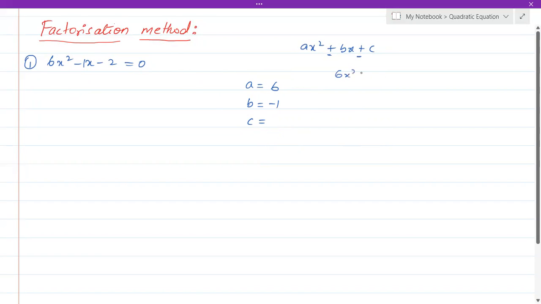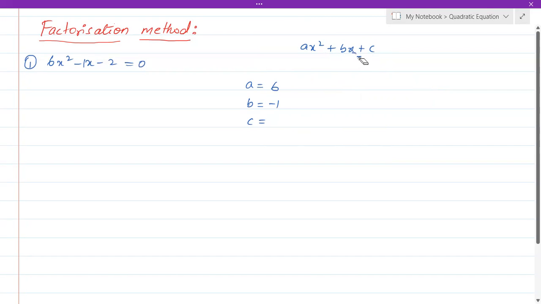So if I write this in standard form, it becomes 6x square plus of minus x plus of minus 2. Now if you observe, the coefficient of x square is 6, the coefficient of x is -1, and the constant term c is -2. So if you get it in the standard form, you will get the negative along with that. In simple words, whenever we are finding the coefficient, we take the signs along with it.